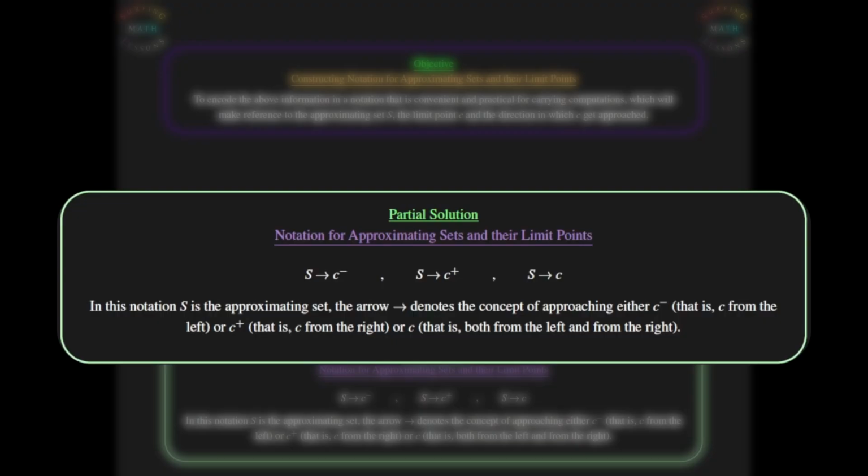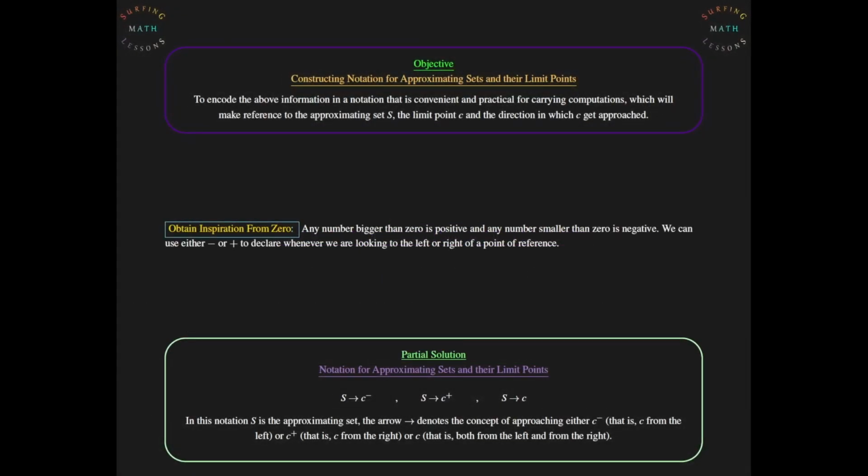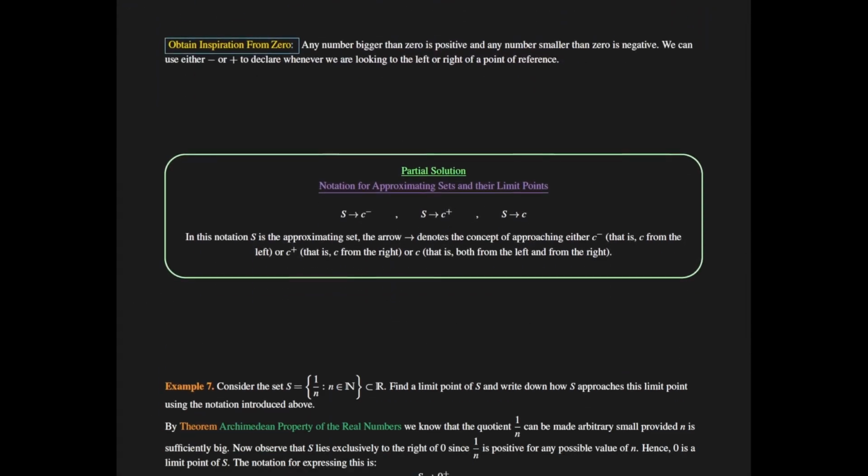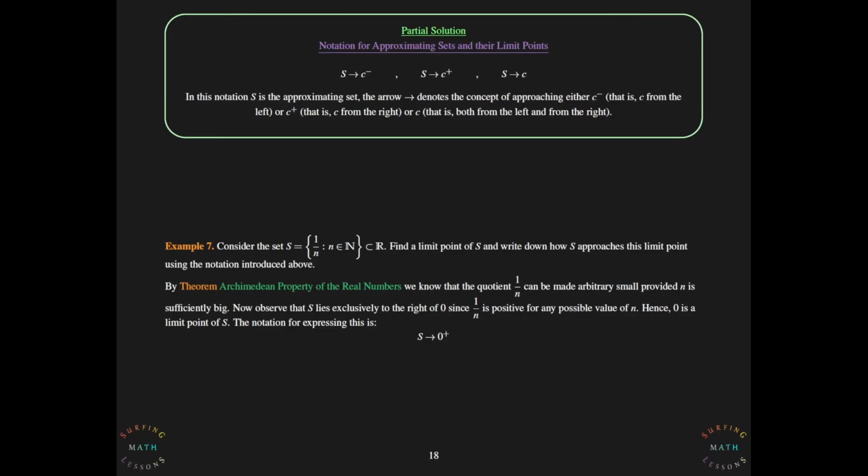Let us now review a previous example and apply this notation. Example. Recall that the set S of all fractions of the form 1 over n, where n is a natural number, is an approximating set with limit point 0.